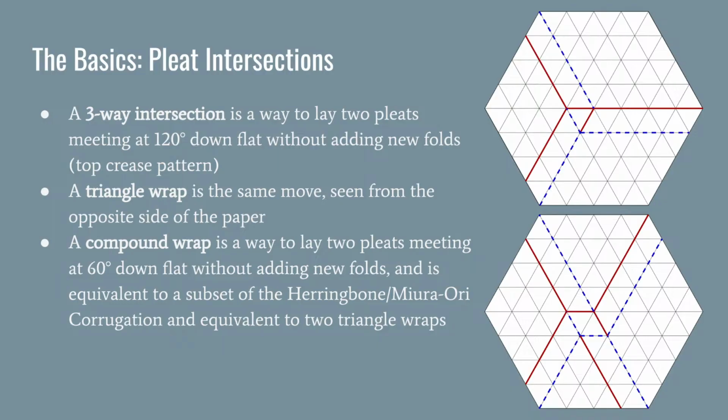But on the paper, when you're folding it, it's the two pleats that are coming directly from twists. And I'll mention that the compound wrap is basically lifted directly from the herringbone corrugation, also called the Mura Ori, which I do have a tutorial of on my YouTube channel, which you're already on if you're watching this video.